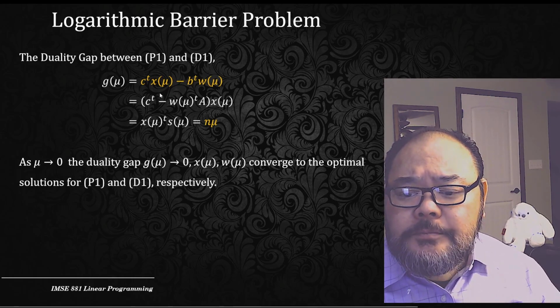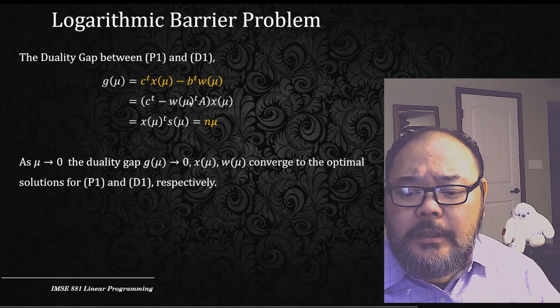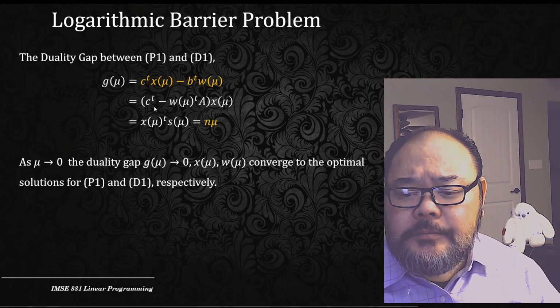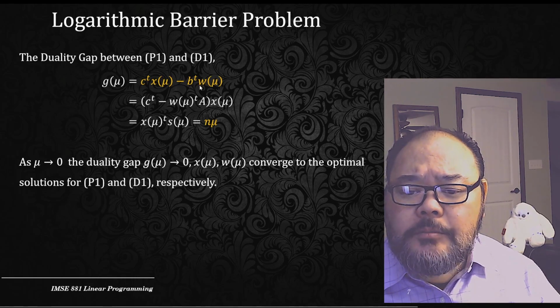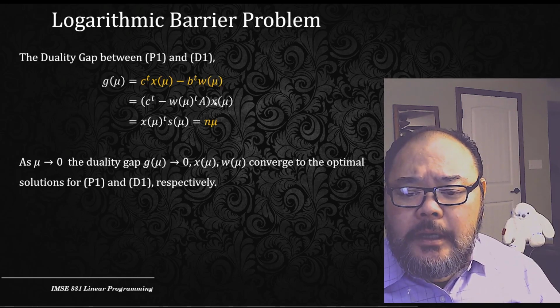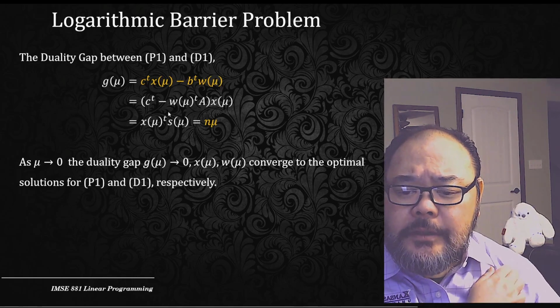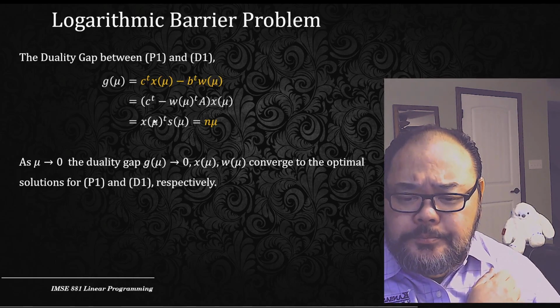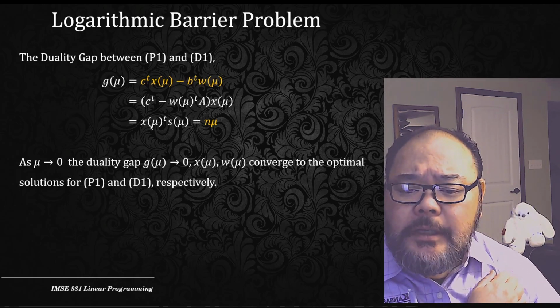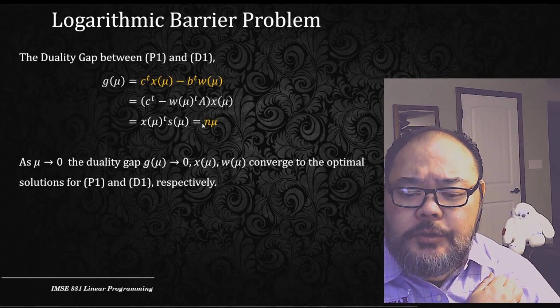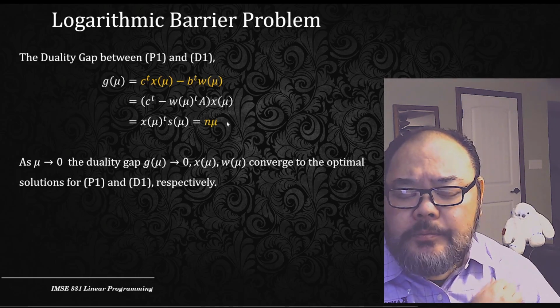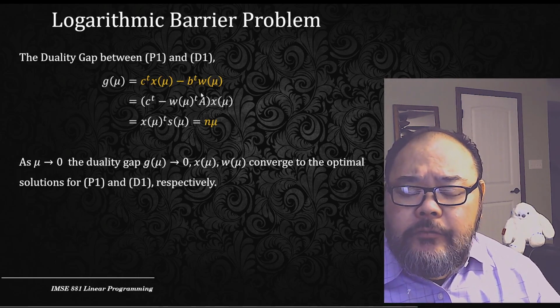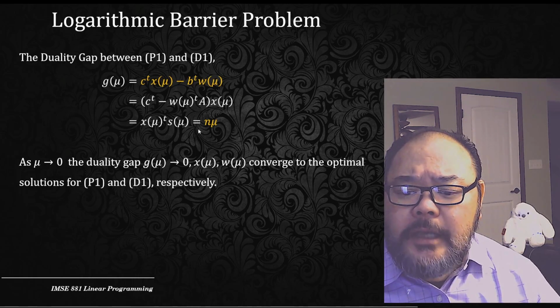And I can convert it into a dual constraint, actually, right here, equal to c transpose times omega_mu times A minus b, basically. We can actually equal it to s, and what we have right here is x_mu transpose times s_mu equal to n times mu. So this is a fairly straightforward calculation.